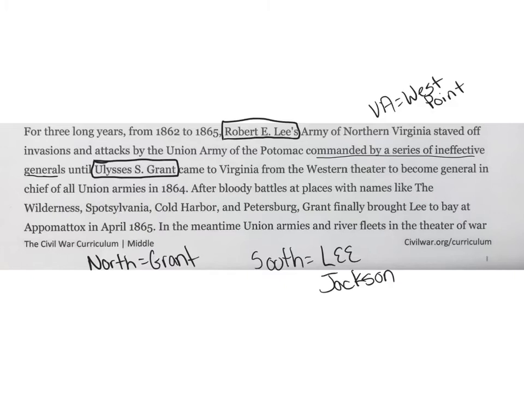So we have Lee and Jackson in the South, Grant in the North. And Grant, once he finally came in 1864, was the one that really helped ensure that the North was going to win, because at the time it was starting to seem like the South was going to win. So let's take a moment and actually look at a picture of these two generals.